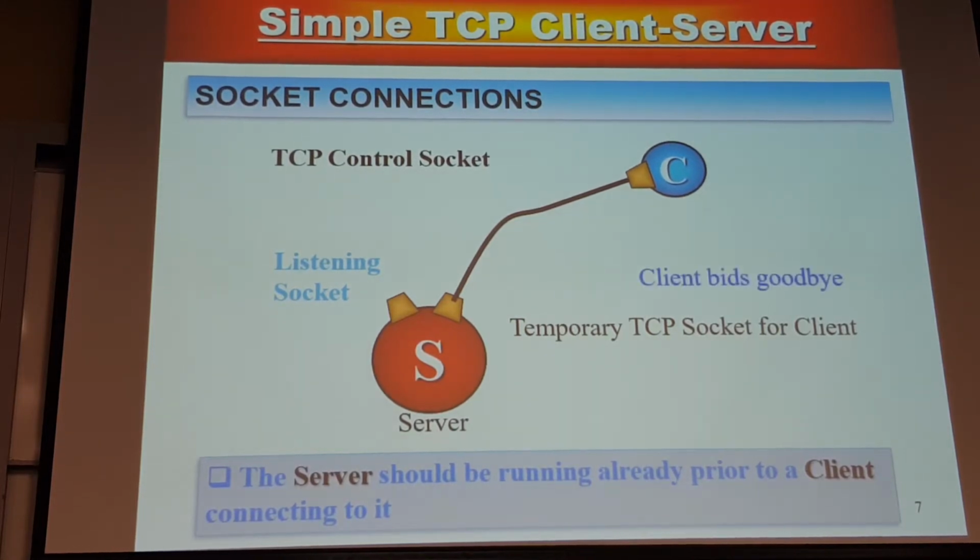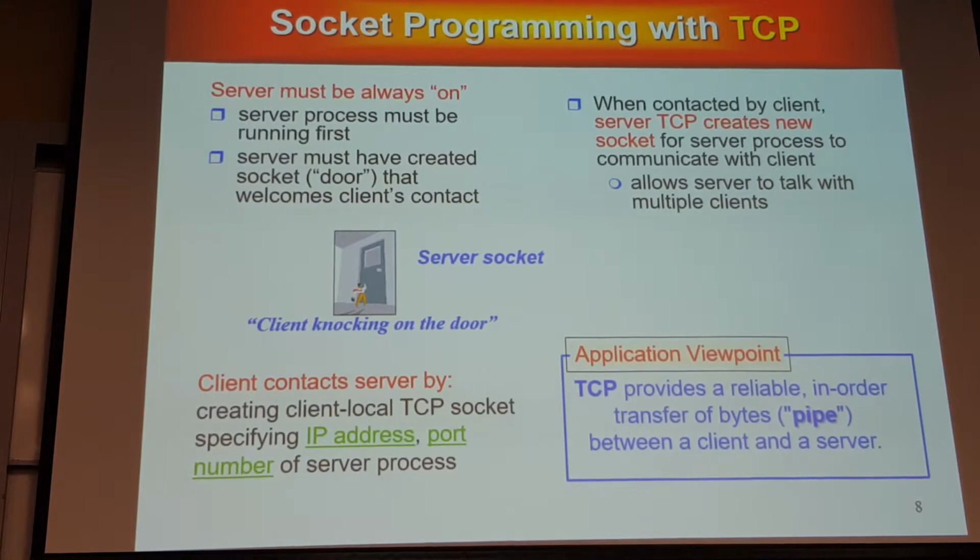Once the client bids goodbye, this connection will be destroyed, as well as the resources allocated for these sockets. So we're familiar with many of these details now. We need to identify the server by means of its IP address and port number combination.